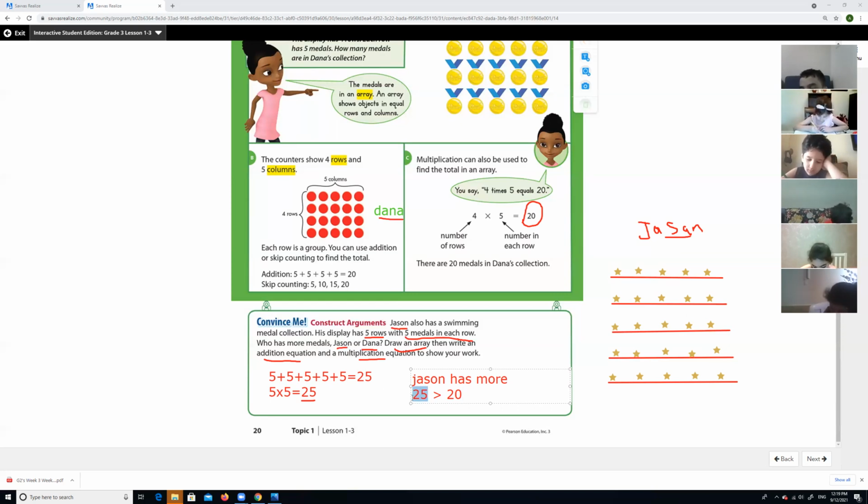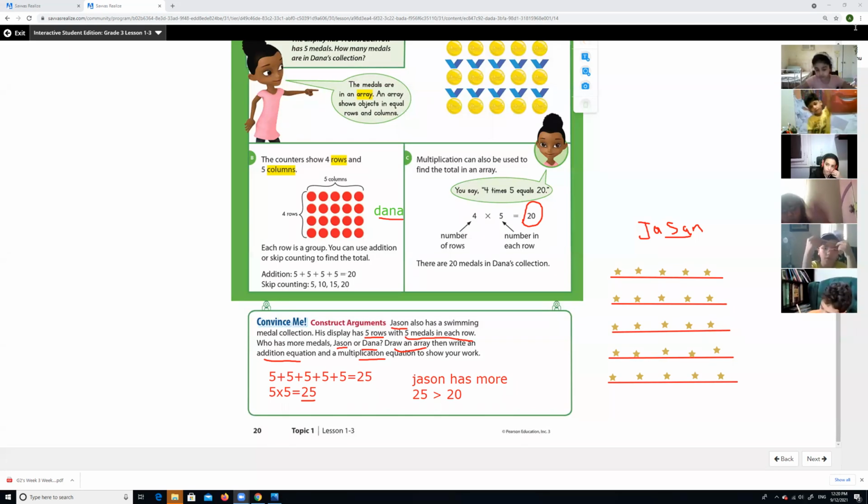Jason has 25 in all, and 25 is greater than 20. When you finish writing, raise your hand.